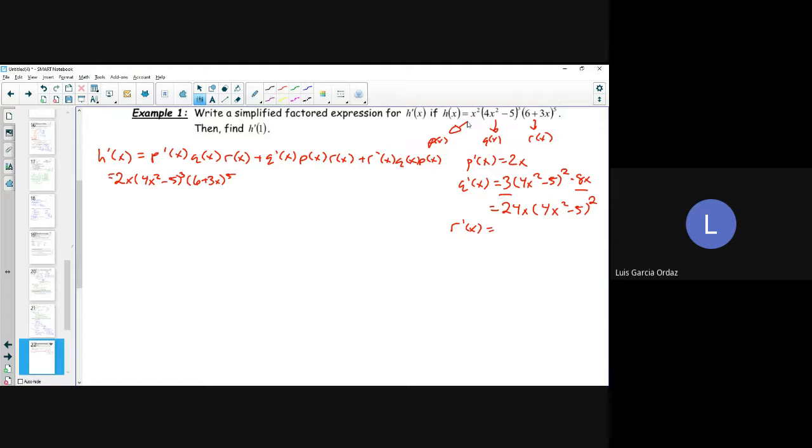So we have 5 times (6 plus 3x) all to the power of 4 multiplied by 3. Again, we can multiply the coefficients outside of the bracket, which gives me 15 times (6 plus 3x) all to the power of 4. So in this question, we are using the product law plus the power of a function.